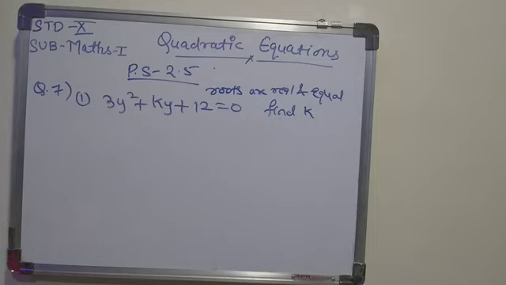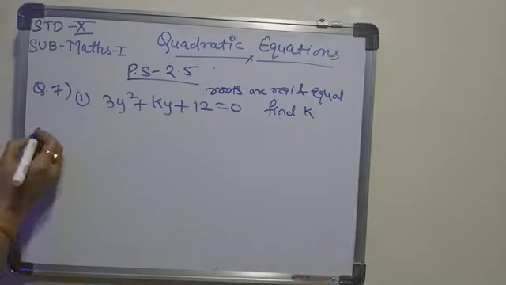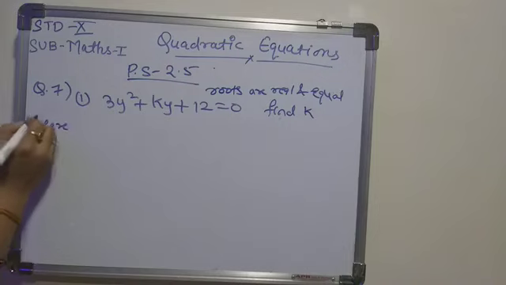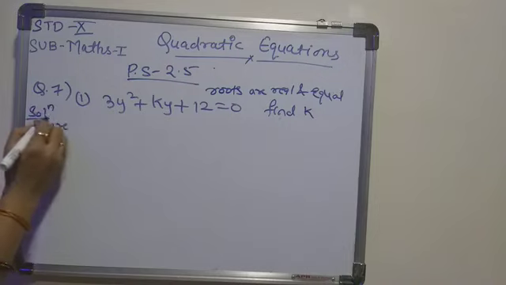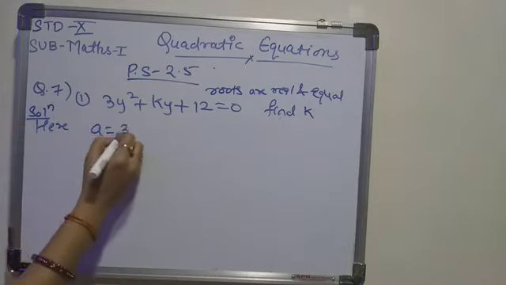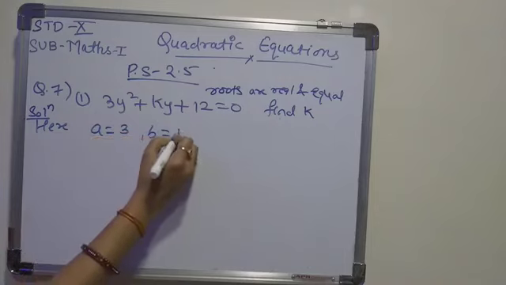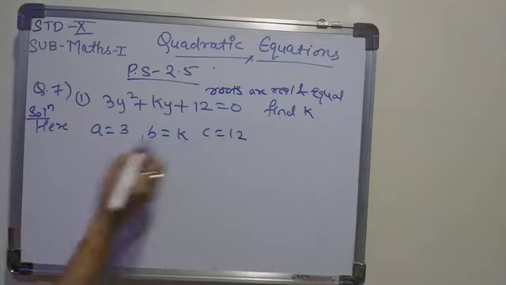So how you are going to solve this one? Your delta value is equals to 0 because roots are real and equal is already given in the question. So this is how you are going to solve the sum. Your a value is 3, your b is k, and your c is 12.